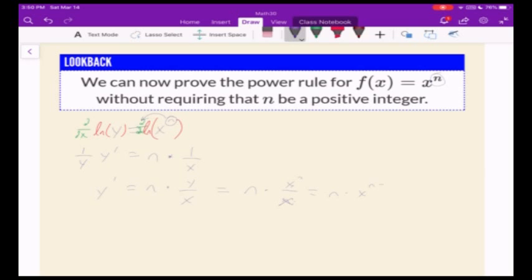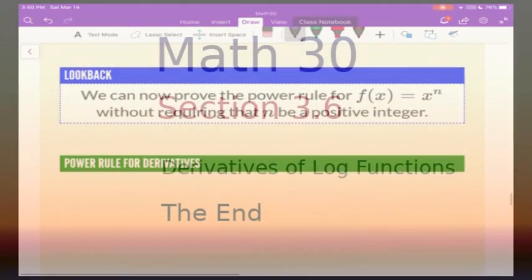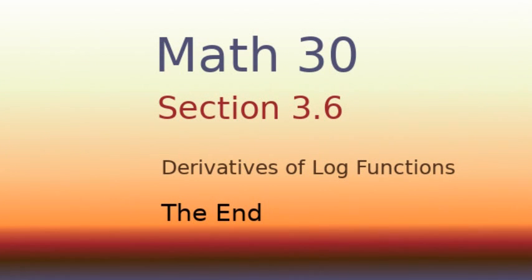So we've got n times x to the n over x. And x to the n over x is really just x to the n minus 1, which, of course, is what we knew the derivative was. We just noticed we didn't have to specify that n was an integer. n didn't have any restrictions on it, just some real number, and it worked fine here.